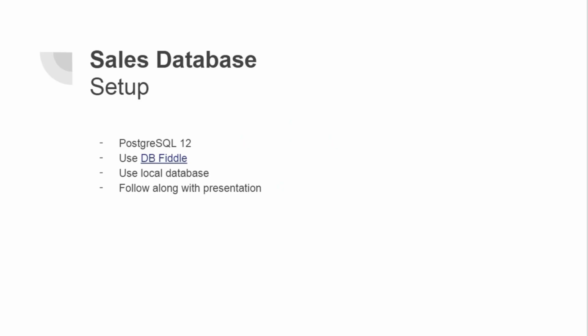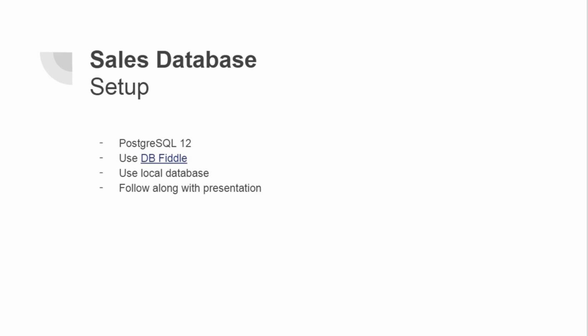I want to take a minute or two and have you set up your environment. You have several options here. First, if you have a local database, then you can check out the GitHub link. There's a script there called schema.sql.